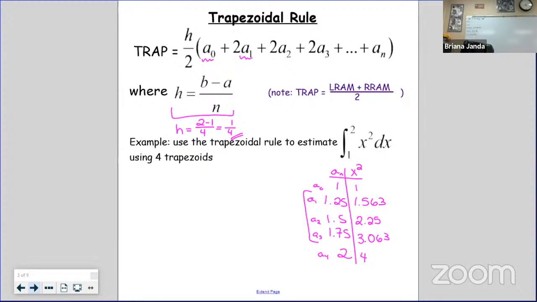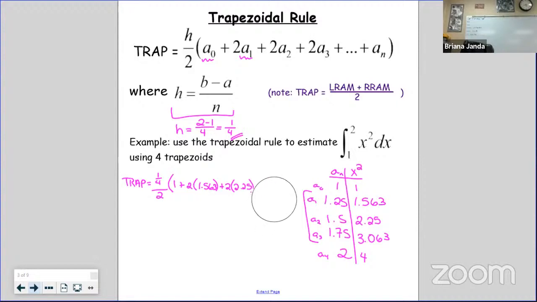So our trap approximation would be our height, which is 1/4, divided by 2, times our first base plus 2 times our second base plus 2 times our third base plus 2 times our fourth.